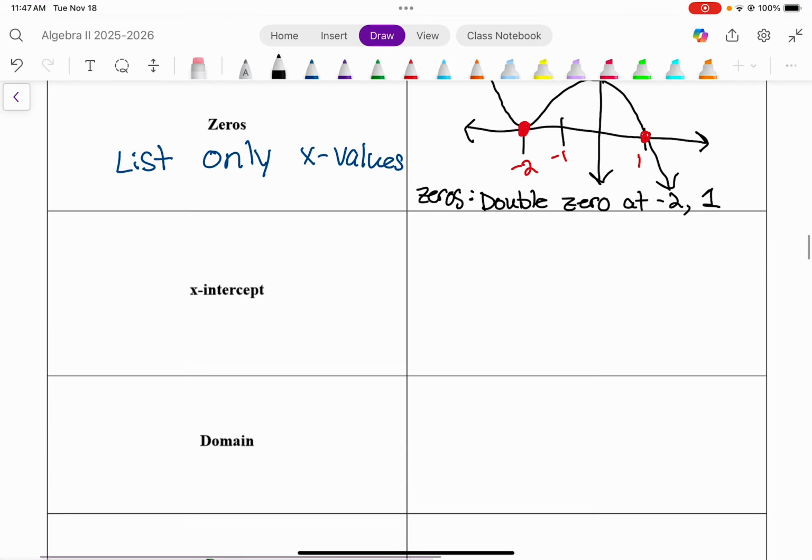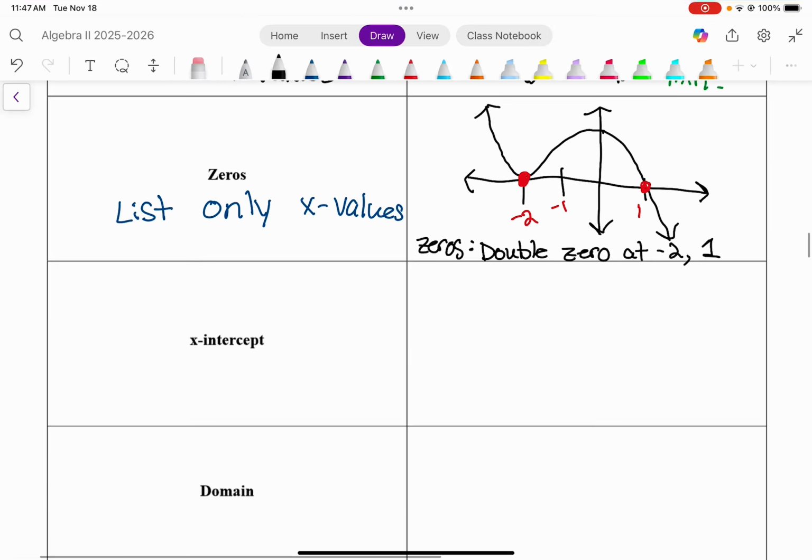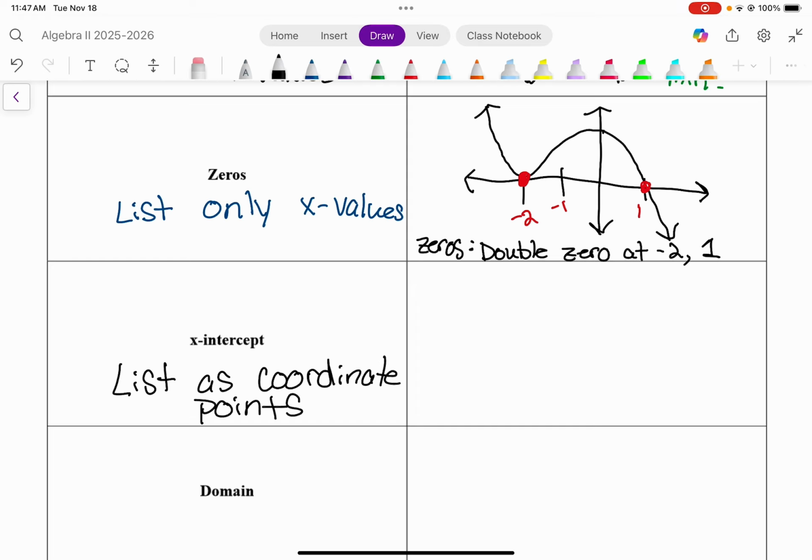If it asks you to list your x-intercept, this is when you are going to list them as coordinate points. So if we use that graph from above, your x-intercepts would be at -2, 0, and that one's a double root.